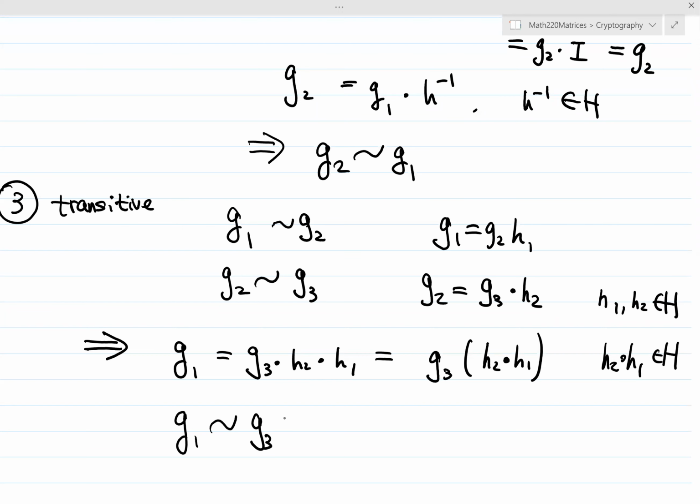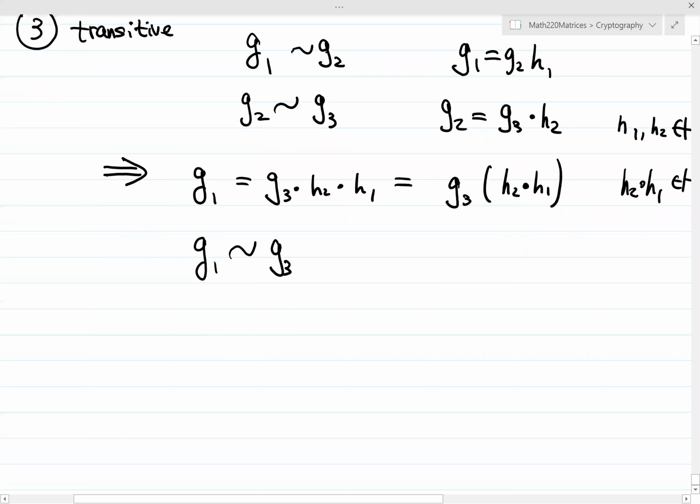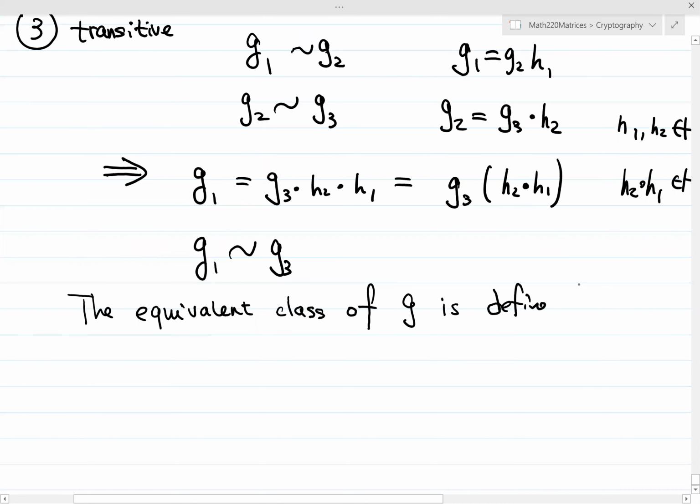Now, what does this equivalence relation actually determine? This equivalence relation determines a partition. The equivalence class of an element g of G is defined as the coset gH.